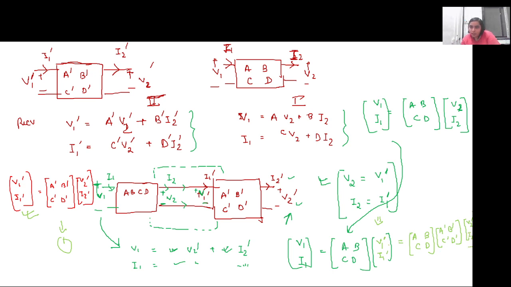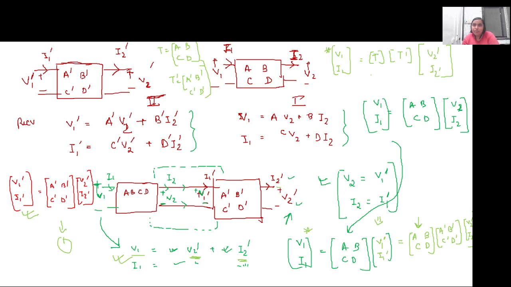So V1 by I1 will be equal to the ABCD parameter of the first matrix, which I am replacing by T. Whatever the transmission line, T represents A, B, C, D, and let T dash represent A dash, B dash, C dash and D dash. These are the ABCD parameter matrices of the two networks. So this will be equal to T dash into V2 dash and I2 dash, which is exactly the equation that I want: V1 in terms of V2 dash and I2 dash, which are the output of this network.